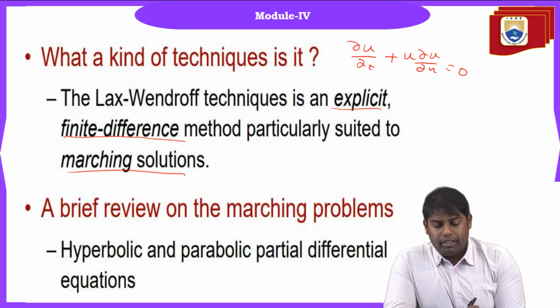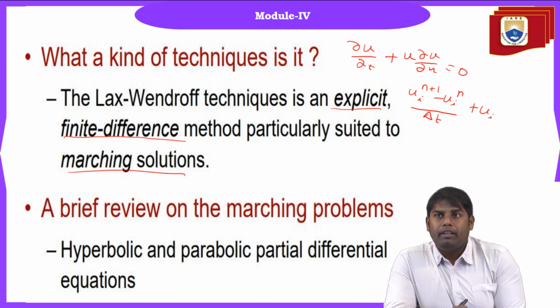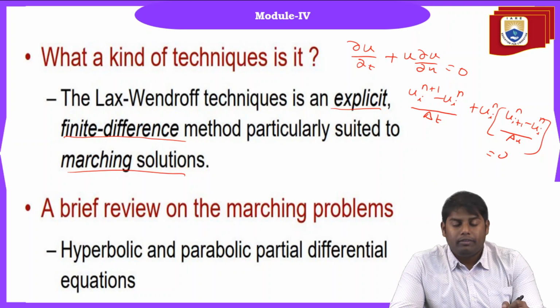So how do we write this? (u_i^(n+1) − u_i^n)/Δt + u_i (u_(i+1)^n − u_(i−1)^n)/(2Δx) = 0. So here you will have n, n, and n.